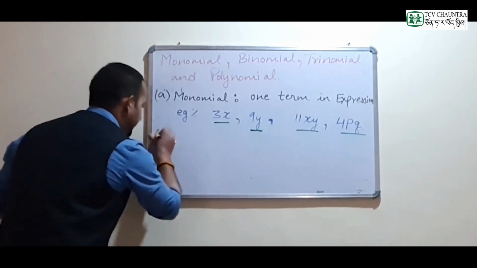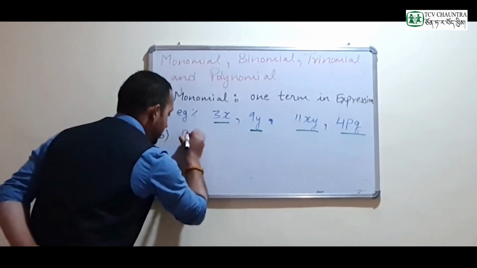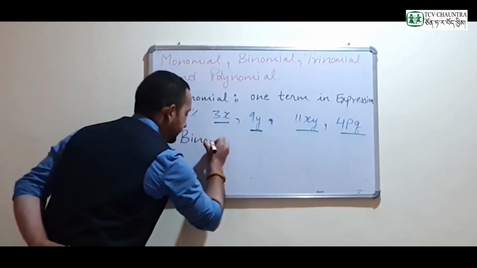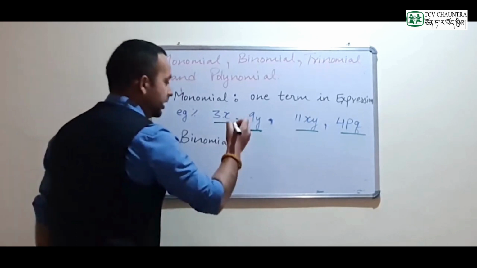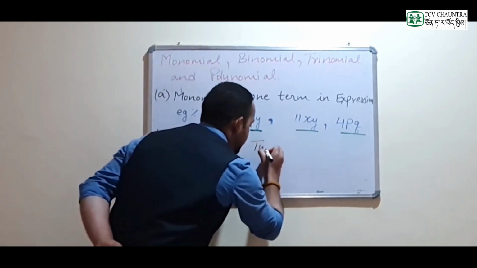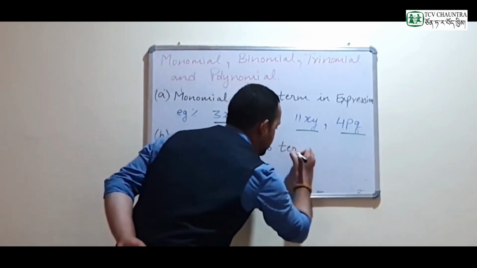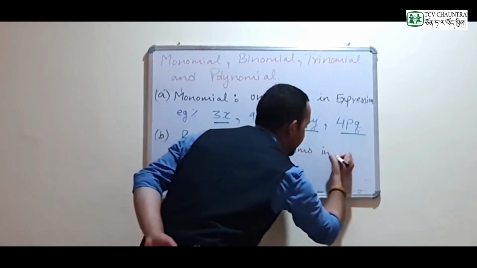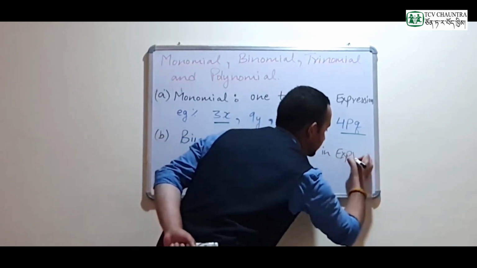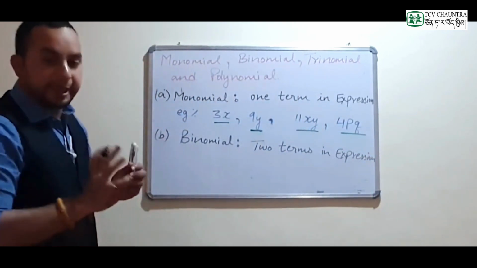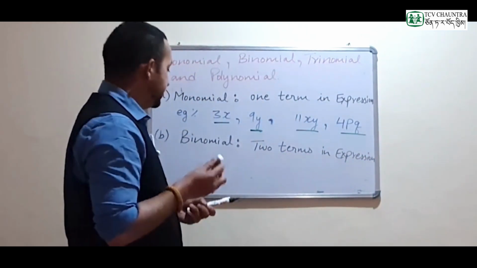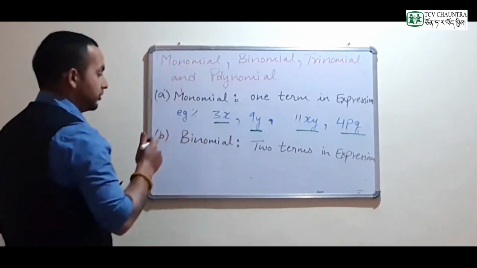Now our next topic is binomial. Binomial means two terms in expression. If there are two terms in an expression, then it is known as binomial.